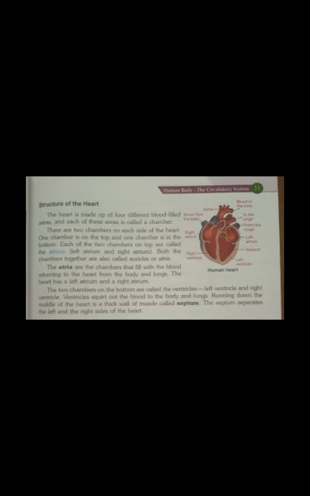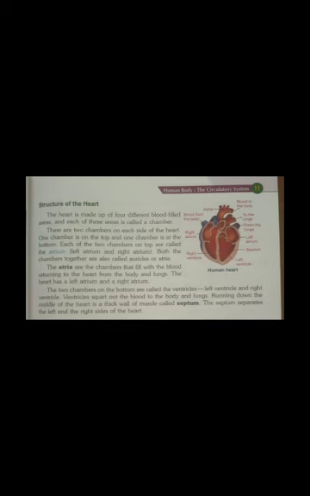Now, the heart is made up of 4 different blood filled areas, blood filled rooms, 2 above, 2 below. And these rooms, these areas are called chambers. Our heart has a left side and a right side, right? One room above, one room below on each side.